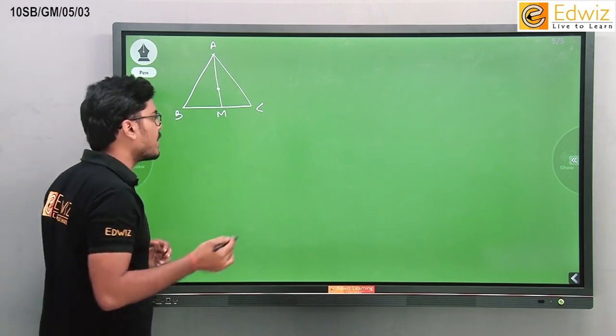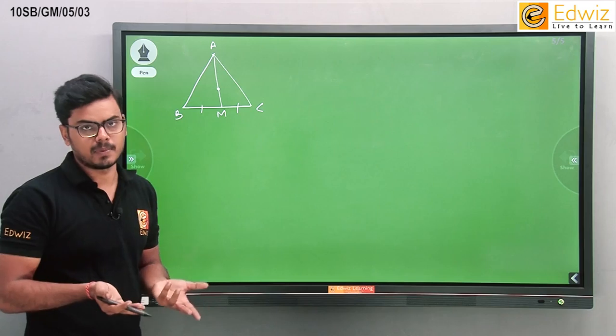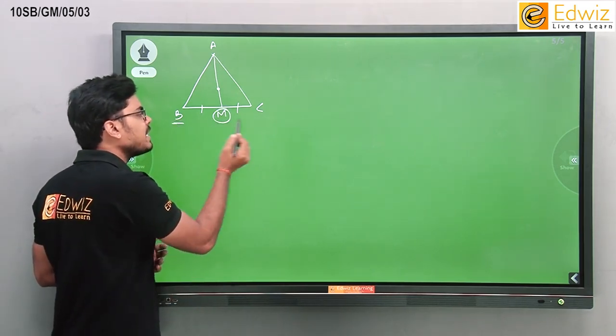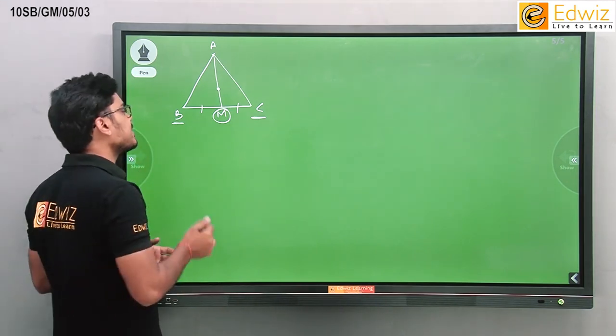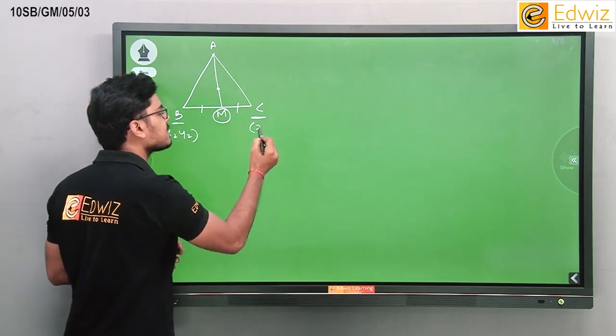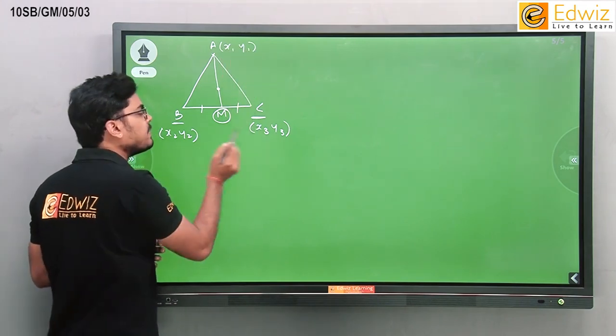Now by property itself BM and MC will be equal because it is the median. So that means M is the midpoint of B and C. Correct? If B is x2, y2, C is x3, y3, A is x1, y1. We just derived the midpoint formula.